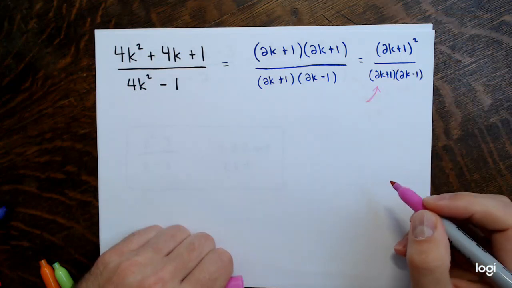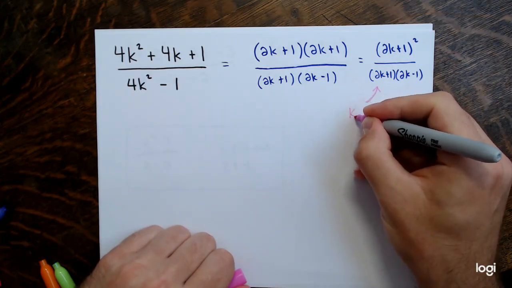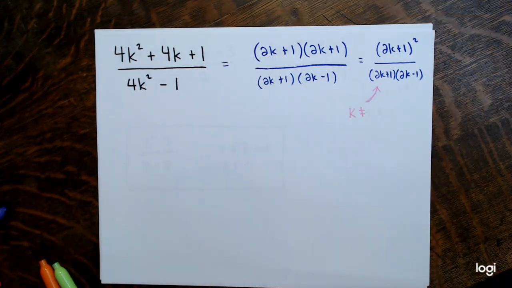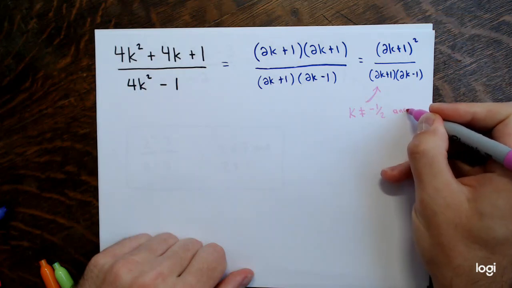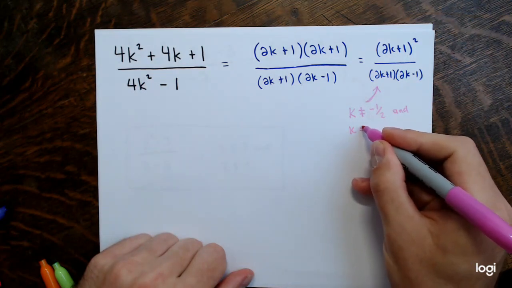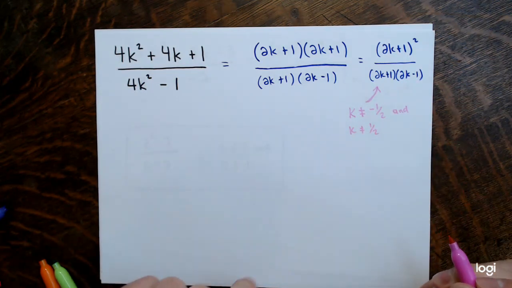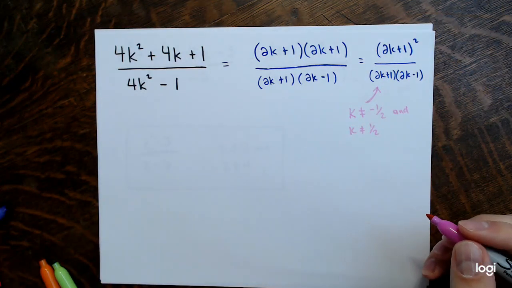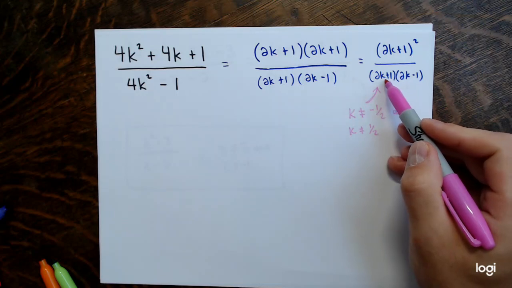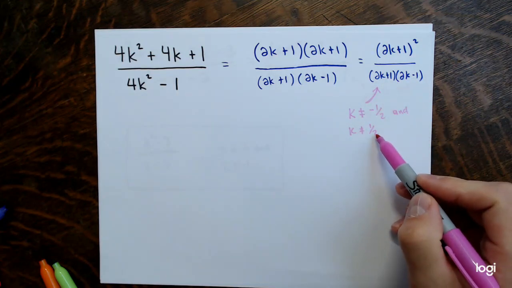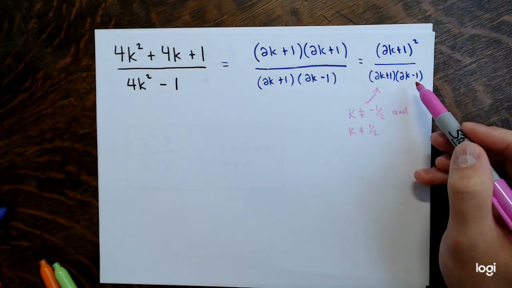If I look at the denominator there, I can see that when I plug in values for k, k cannot be negative 1/2, and it can't be positive 1/2 either. I might even just put these together and say k can't be plus or minus 1/2, which I'll do over here with a little plus or minus symbol. But you see, if k were negative 1/2, this factor would be 0, and I'd be dividing by 0. And if k were positive 1/2, this factor would be 0, and I'd be dividing by 0.